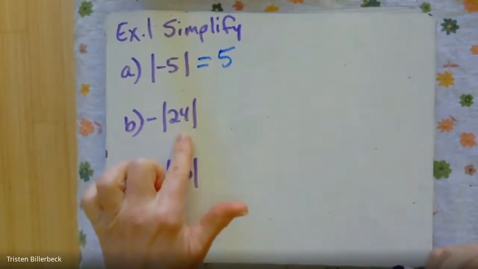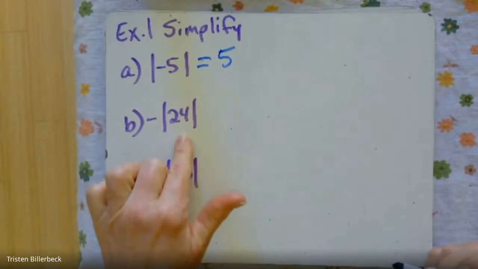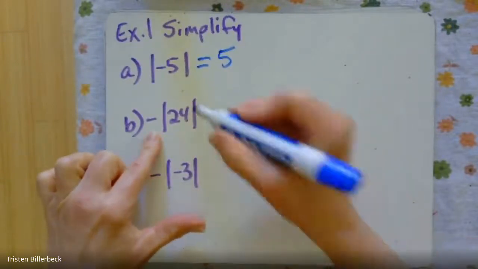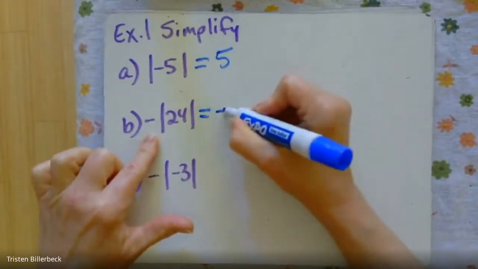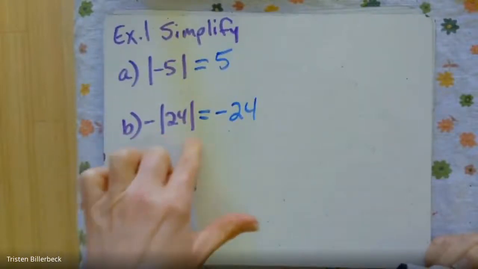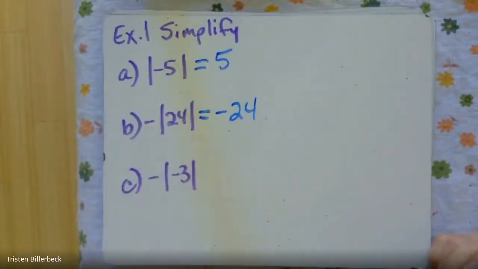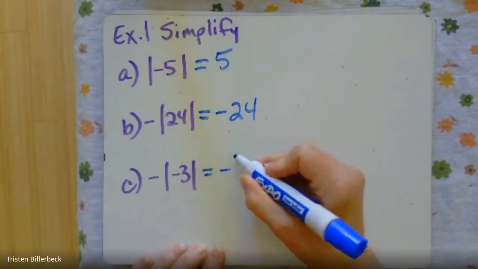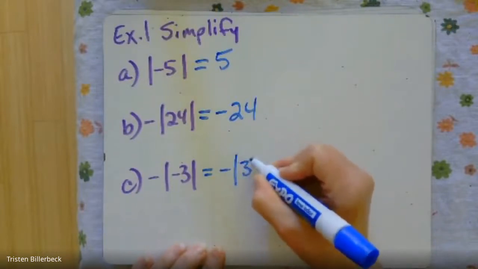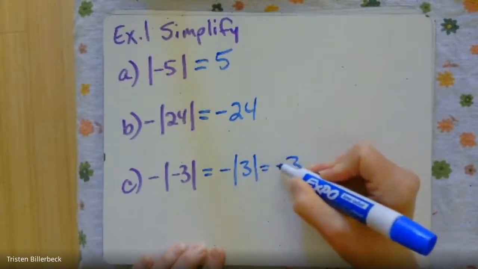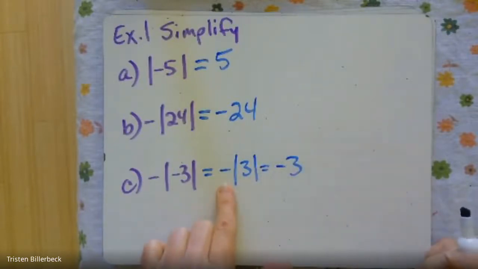This one's still 24 away from 0, so it's going to be a positive 24, but it's a dirty laundry room, so we end up with a negative 24 because there's a negative outside that absolute value sign. And then here we have the absolute value of -3, which is the same thing as the absolute value of 3, which is just -3 because there's a dirty laundry room.